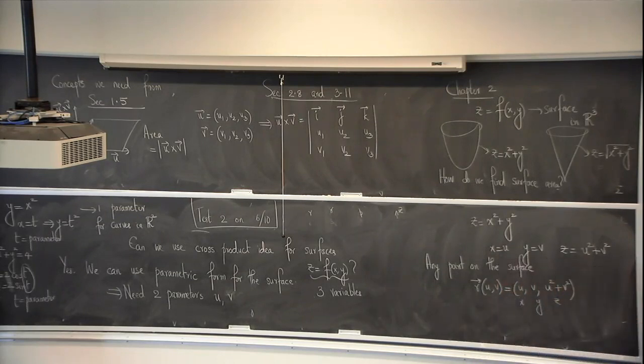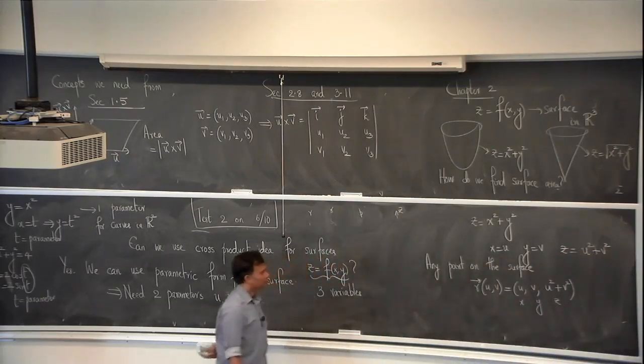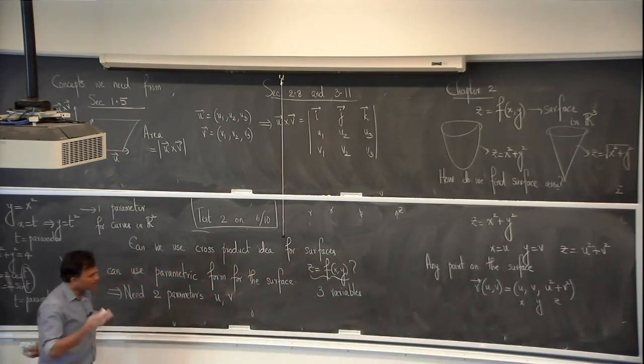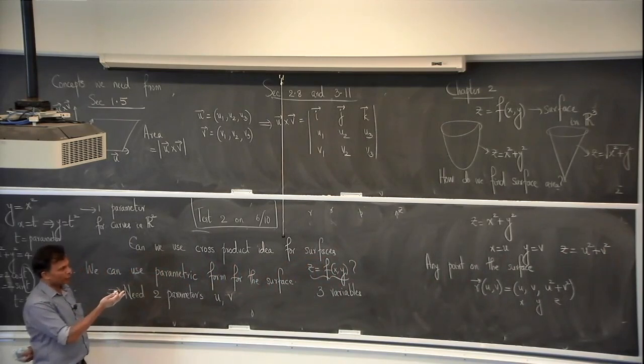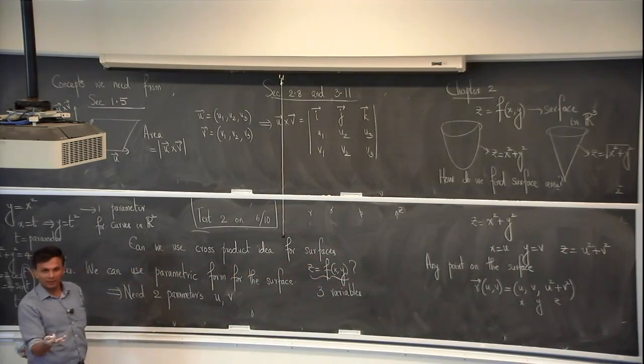So the first thing you need to make sure is that you don't get scared by seeing the parametric form. Okay, it's just using two letters instead of three and making a connection between those letters. X equal to u, y equal to v, z equal to this. But there are many different ways you can do this, right? You can write x equal to square root of u, y equal to square root of v, and z equal to u plus v. Then you have to make sure that u and v are positive.